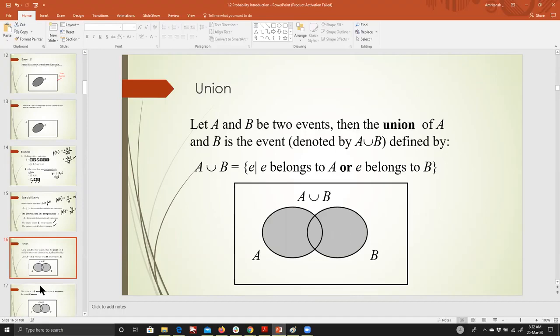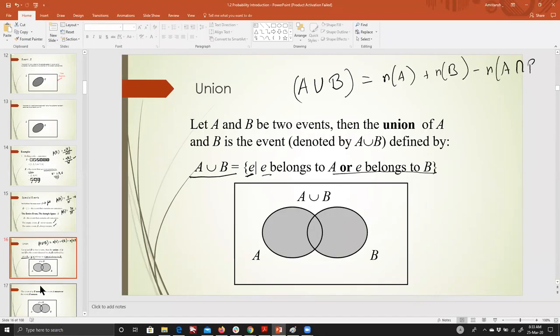So how to calculate it? A union B: an outcome belongs to A or belongs to B. So how to calculate A union B? Total number of outcomes in A, so let me write it as N of A, plus N of B, minus N of A intersection B. Why did you subtract the intersection part?